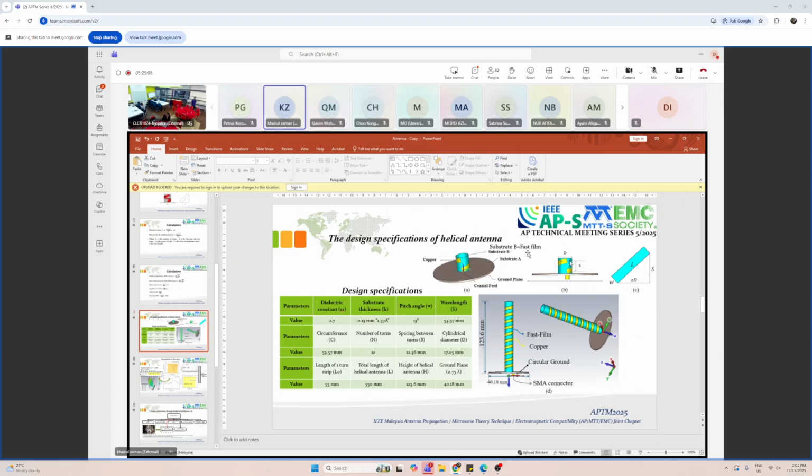The blue one is substrate B, and here is substrate A. You can see here in figure B, the feed line is connecting between the bottom of the strip helical antenna and the ground plane. When we design the helical antenna, we first design it with one turn. After that, we can extend to more turns, 10 or 20, depends on you.